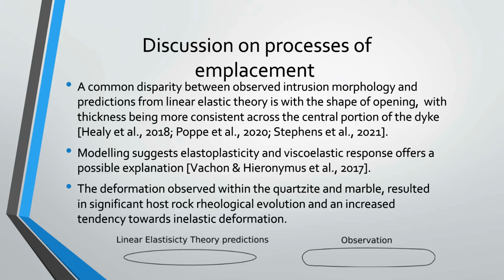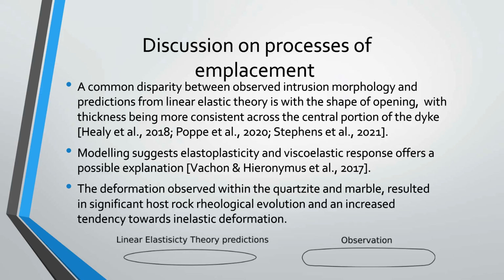There was significant deformation observed associated with processes after the propagation of the dyke tip, primarily associated with anisotropic expansion and contraction of the grains, and the dyke-normal compression from magma overpressure. There is commonly a disparity between the observed dyke shape and the elliptical opening predicted by linear elasticity theory, with thickness being more consistent over the central portion of the dyke and tapering restricted to the dyke tips.